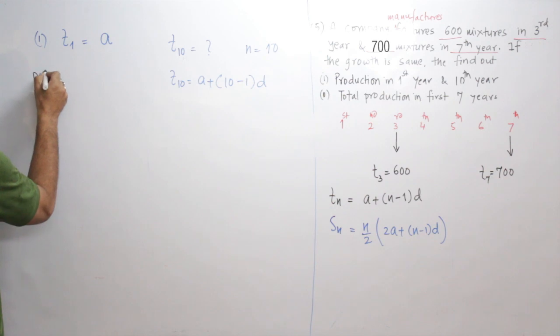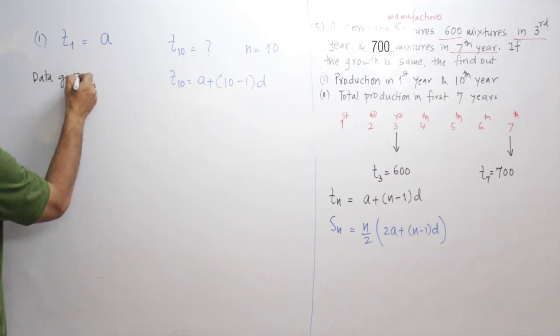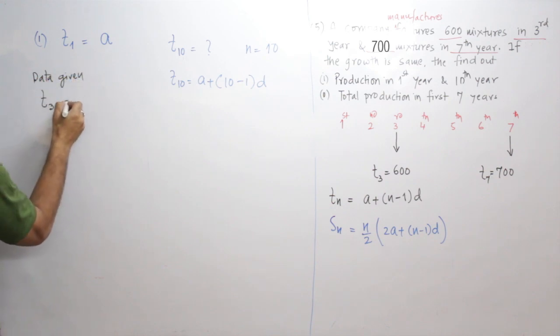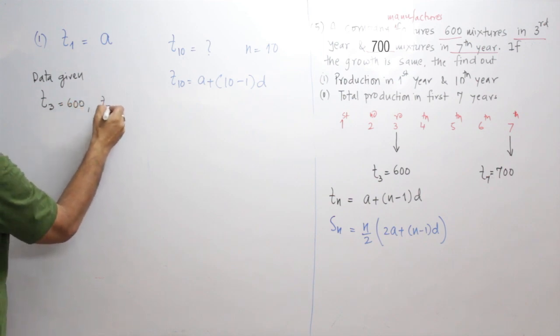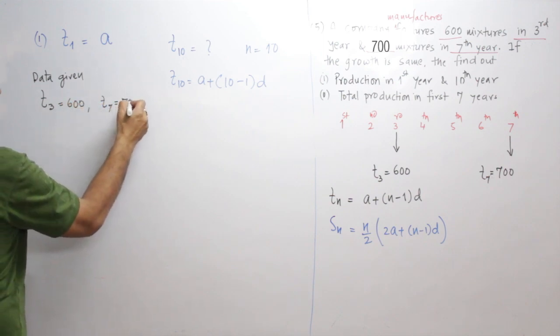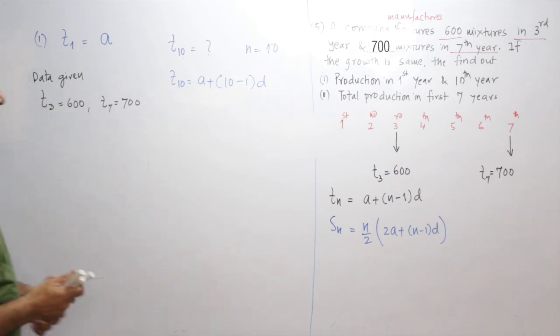So the data given: we can write T3 is equal to 600, T7 is equal to 700. So I can use this formula to understand.